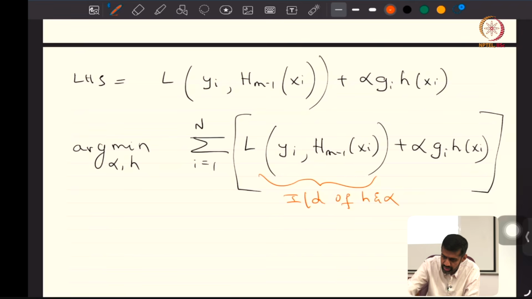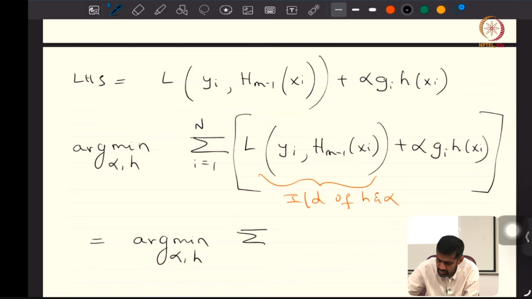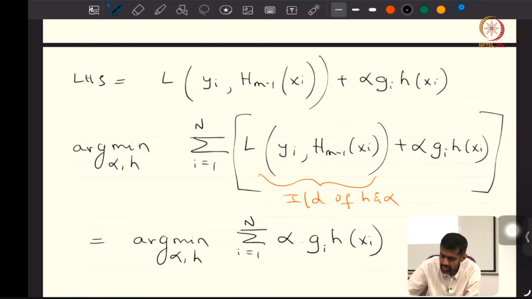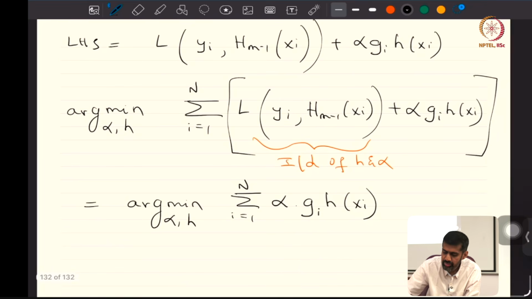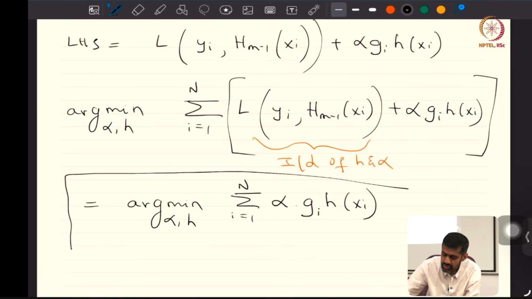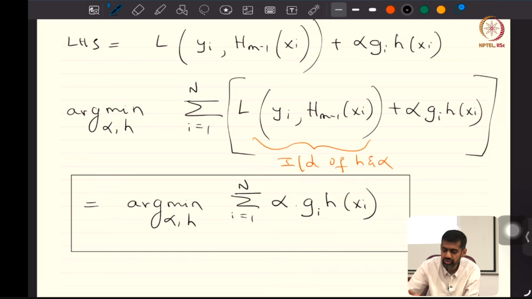So, this optimization now is equivalent to minimizing over alpha and h the remaining term. Does it make sense? So, this is the key equation of gradient boosted models.